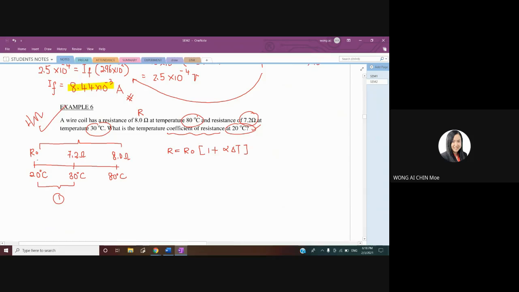Because usually we must start everything from 20 degrees Celsius. Then you have two equations and two unknowns. The first unknown is R naught, the second unknown is alpha. Then you solve them simultaneously.